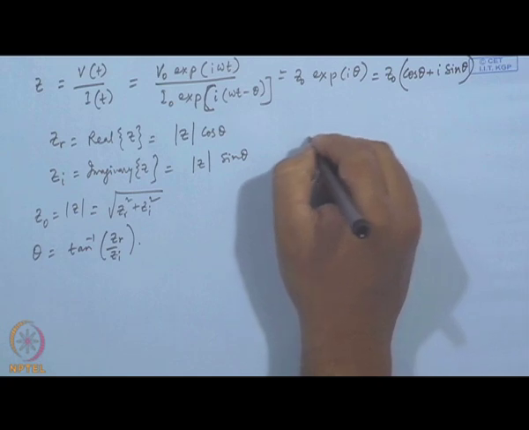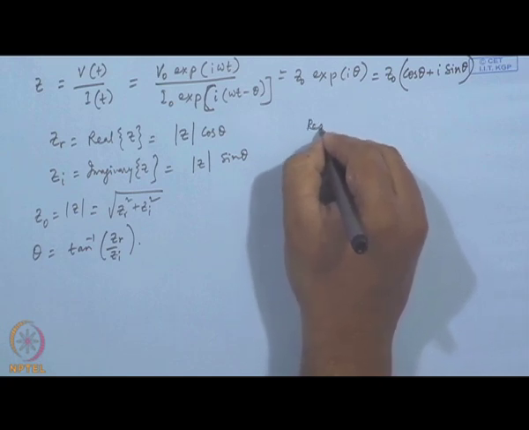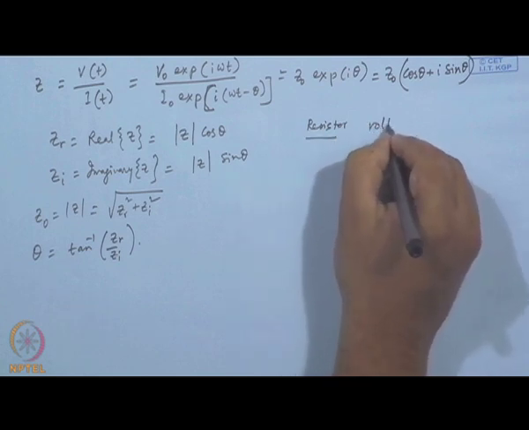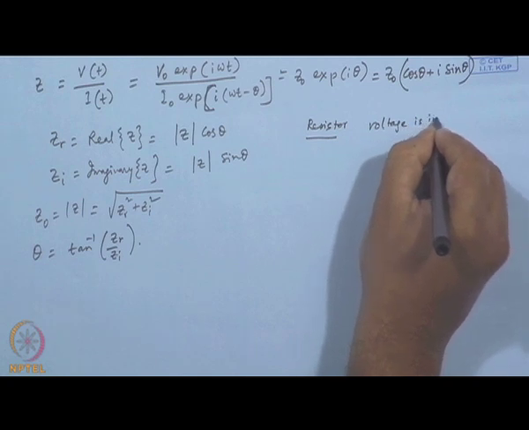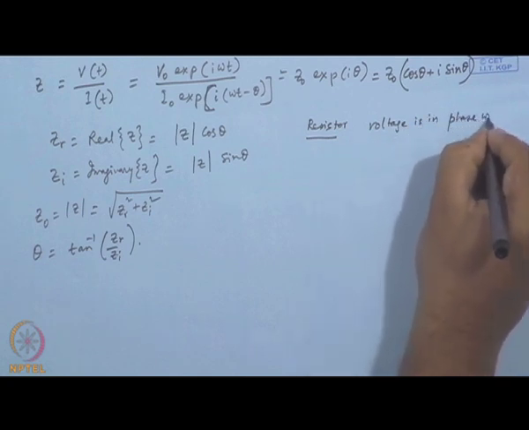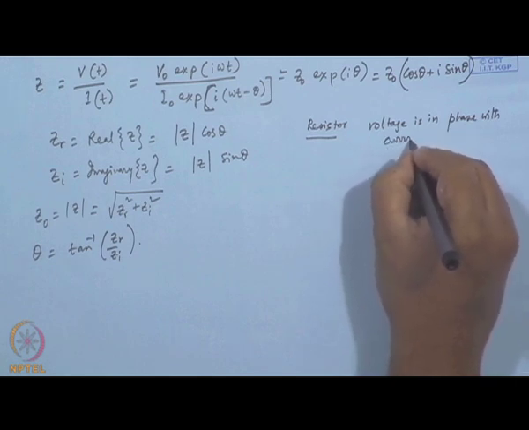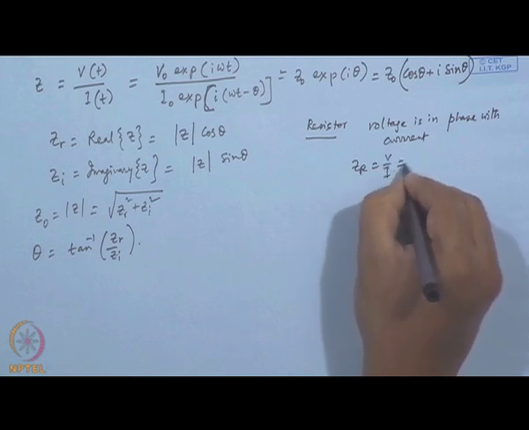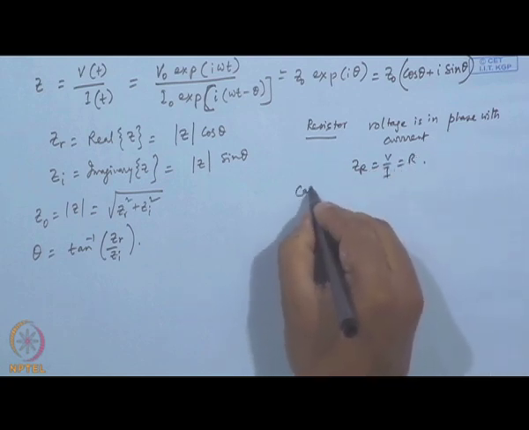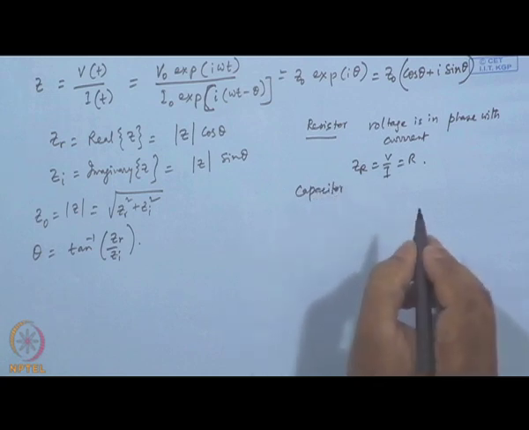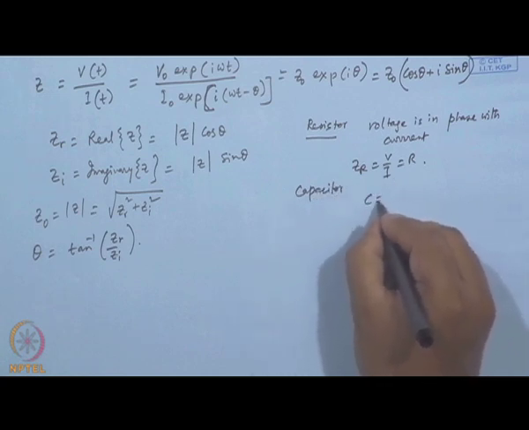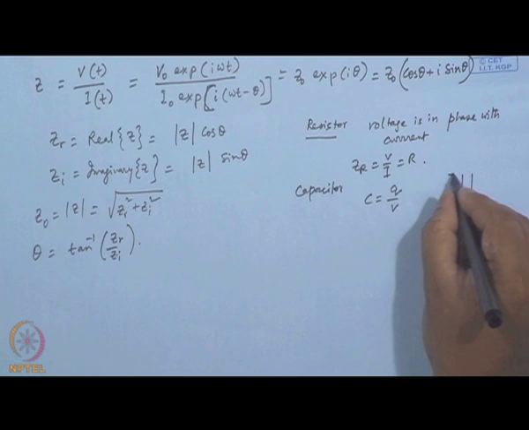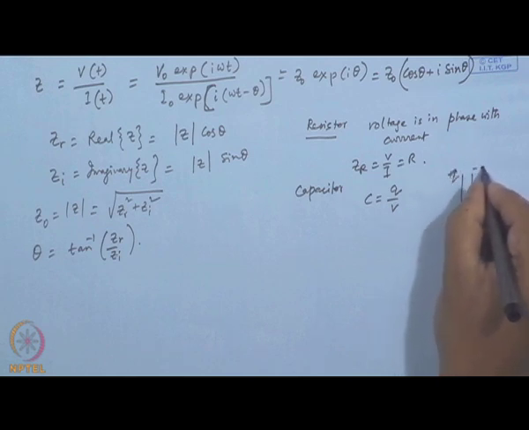Now, if we look at a classical resistor, for a resistor the voltage is in phase with the current. So, this is how it is defined, and for a capacitor C is equal to Q by V, where basically you have two capacitor plates, one holding plus Q charge and the other holding minus Q charge.